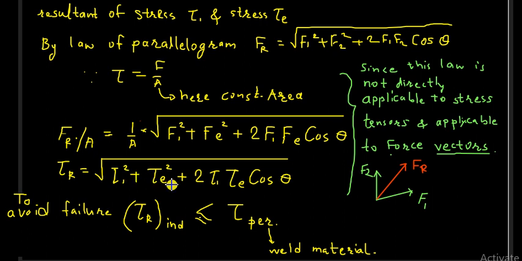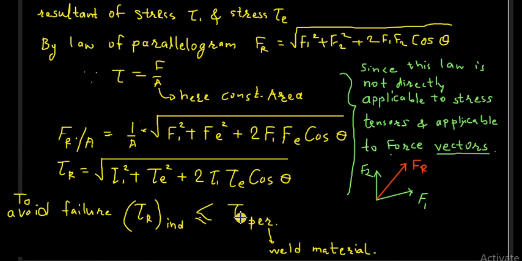Theta is the angle between these two stresses, like the two forces, right? Once we get the value of resultant shear stress, we will just equate it with the maximum permissible shear stress. This is the complete procedure for the eccentrically loaded parallel fillet weld.